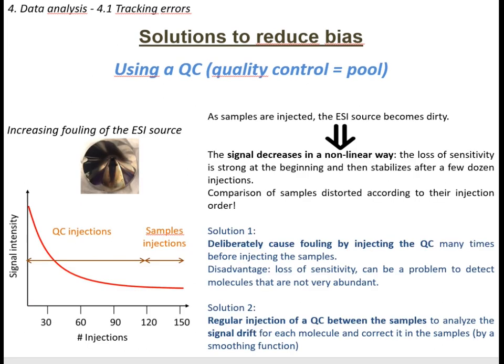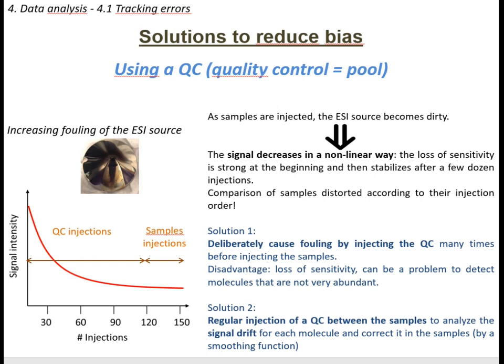during analysis. So this signal drift is a big problem. It's linked to the fouling of the electrospray source. Some parts, especially the cone that leads to the mass analyzer, will get dirtier and dirtier when you inject dozens and dozens of samples.